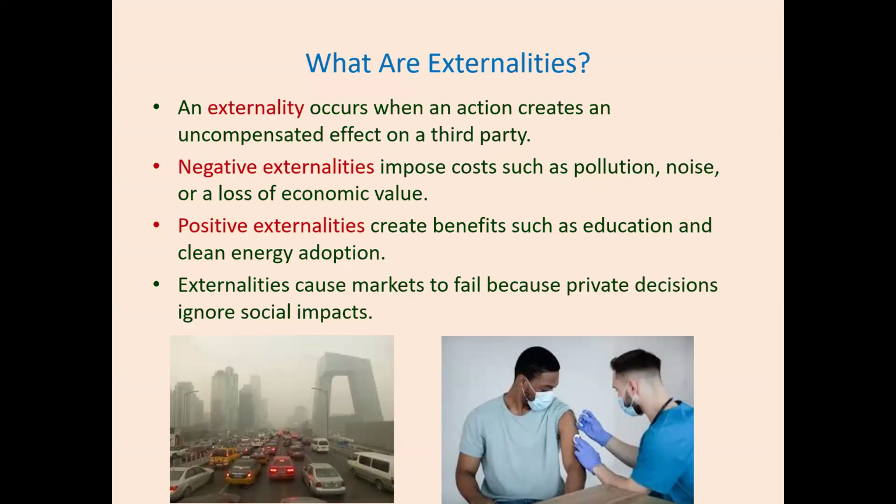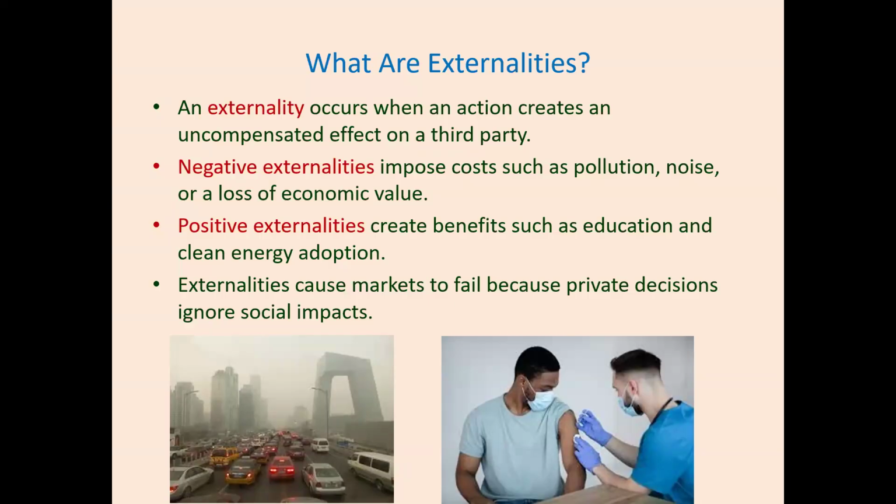So let's think of some examples. A negative externality includes pollution, like air pollution, water pollution, or solid waste, noise, and loss of economic value. On the bottom left, we see a picture of traffic, and we can see the traffic creates a lot of smog in the air. This is a negative externality because the drivers are not expected to compensate the residents of the city for the smog that they create.